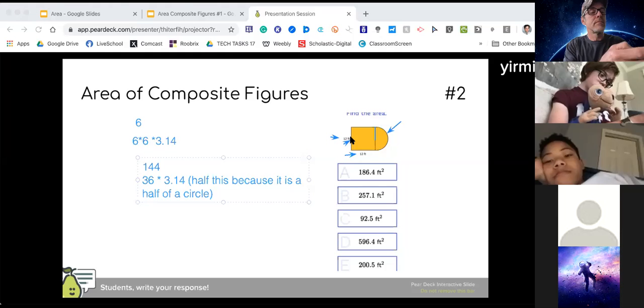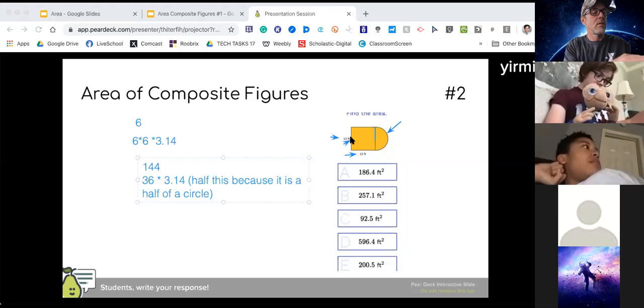So it'd be 3.14 times 36, 113.04, divided by 2.